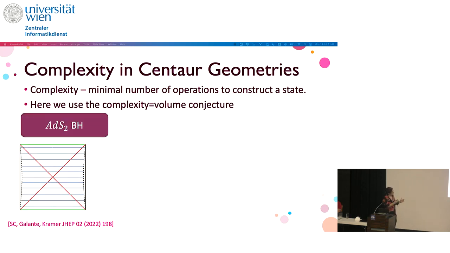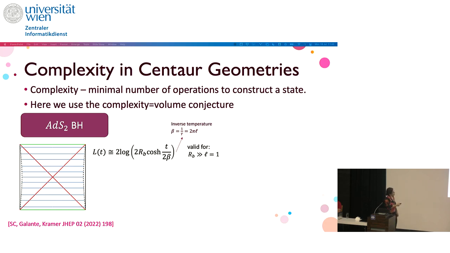So before I go on to tell you how complexity looks for centaur geometries, let me remind you how it looks for anti-de Sitter, for black holes in ADS2. Essentially in this case, the geodesics, or the maximal volume slice, since it's 2 dimensions, are simply straight lines. And there is a very simple formula, which at least when the ADS boundary is far away, describes the time evolution of the length as time progresses on the boundary in a symmetric way.